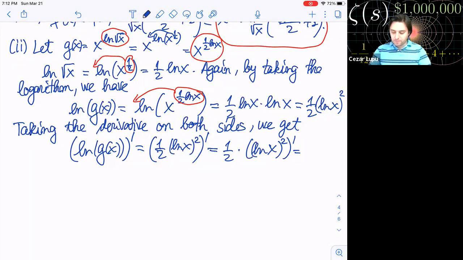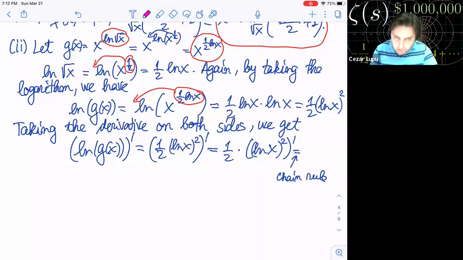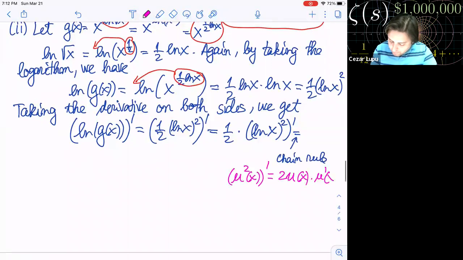Exactly, the chain rule. So by the chain rule, how do we use the chain rule? Let me write it here with pink. So u squared of x prime is 2u of x times u prime of x. Right? So that's the version of the chain rule that we use.